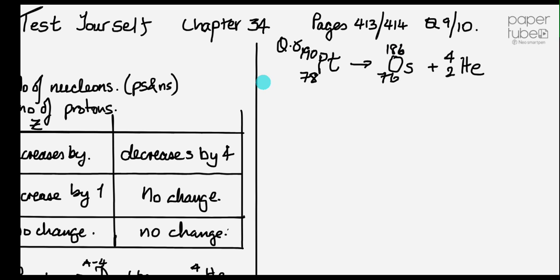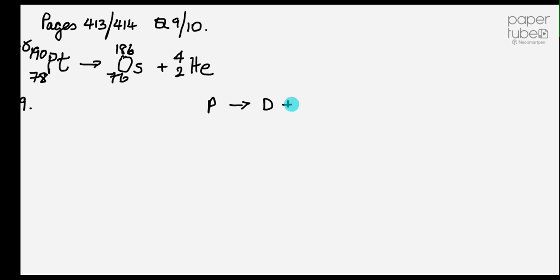Now I'm going to do question number 9. And question number 9, if I turn the page, tells me that it's a beta decay. So remember I talked about parent, daughter, and particle, right? Parent, daughter, and particle. And this particle in this case happens to be a beta particle, e minus 1.